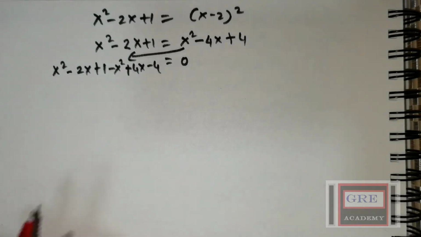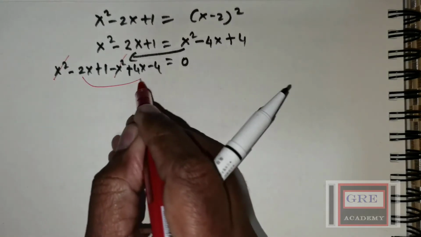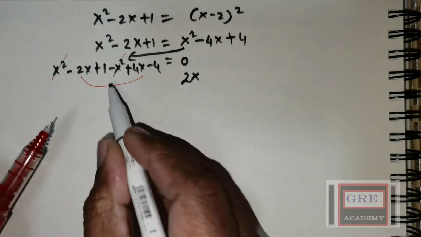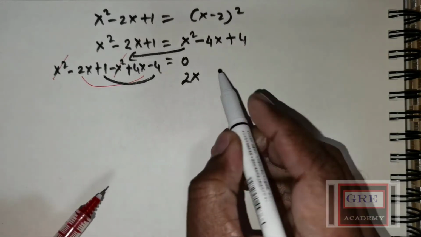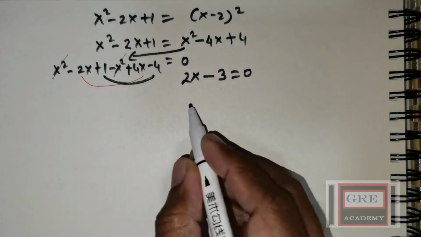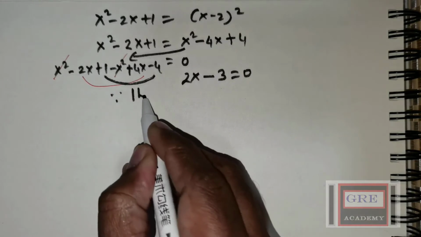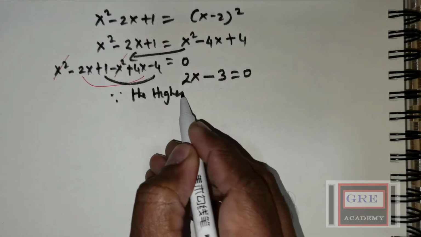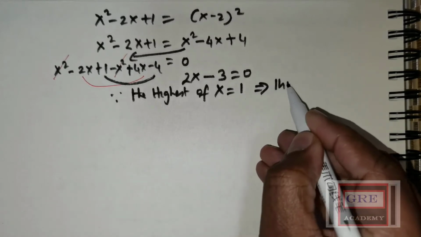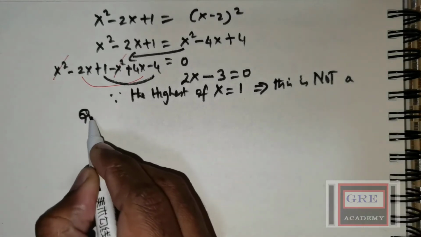Now clearly you can see that the +x squared and -x squared can be cancelled. -2x can be added with +4x, that's going to be +2x. And +1 added with -4 will give you -3 equal to 0. Of course, they are not asking us to find the value of x, but clearly we see that the highest degree of x equals 1. This implies this is not a quadratic equation.